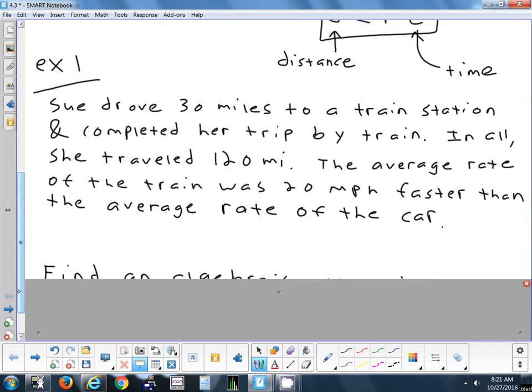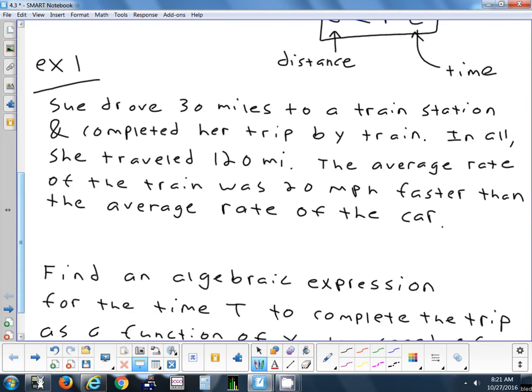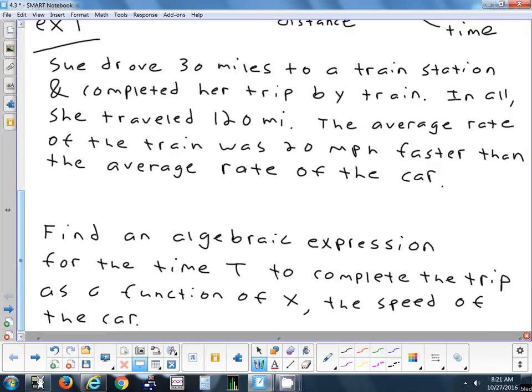And what I want to try to do is find an equation that represents the amount of time it's going to take for her to complete the trip as a function of x, where x is the speed she drives in her car. When we're done, we'll have a formula that says, suppose she drives 33 miles an hour average.